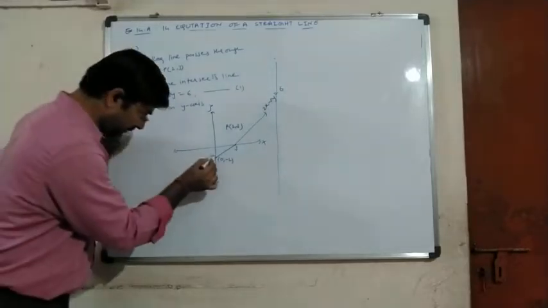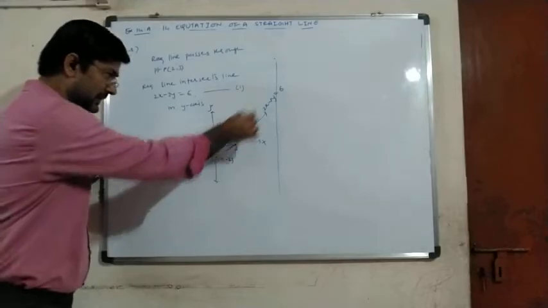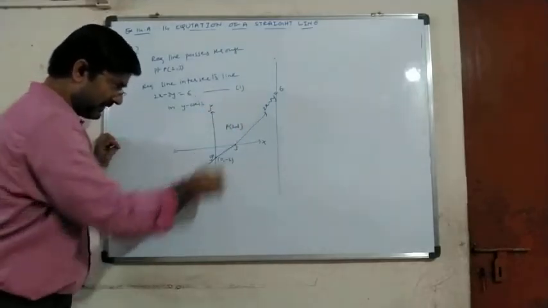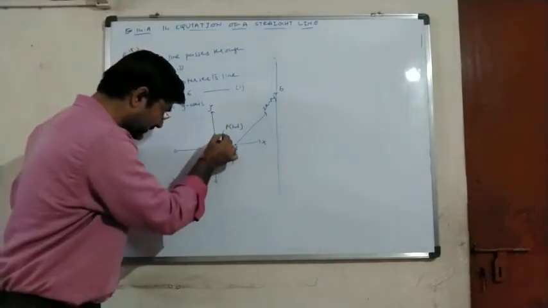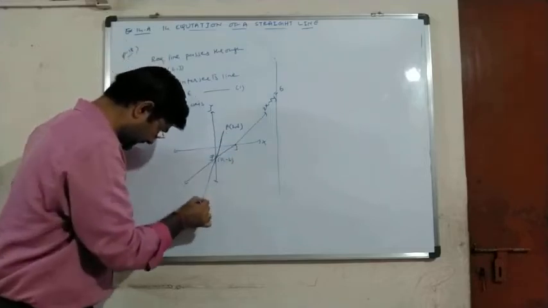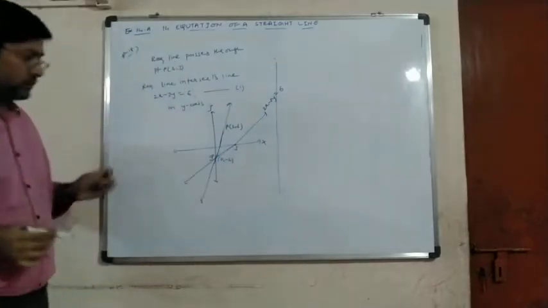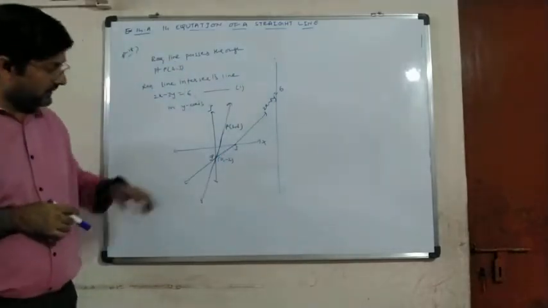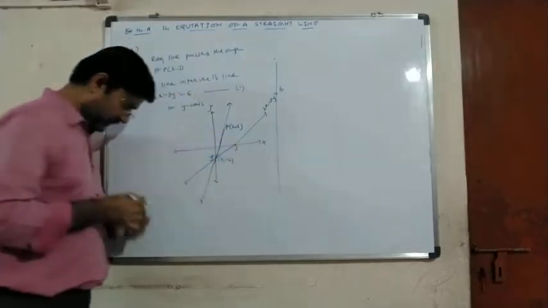So Q is the point of intersection of the three lines: given line, required line and y-axis. So our required line will be like this, passing through Q. Now it is very clear from the graph that the required line is passing through 2 points, namely P and Q.